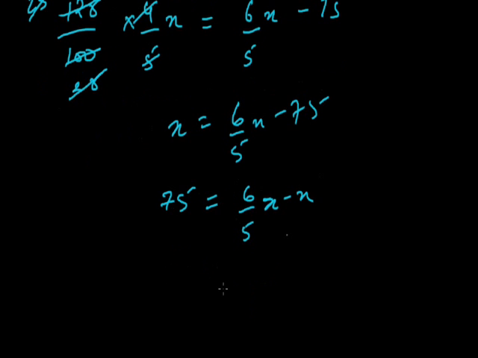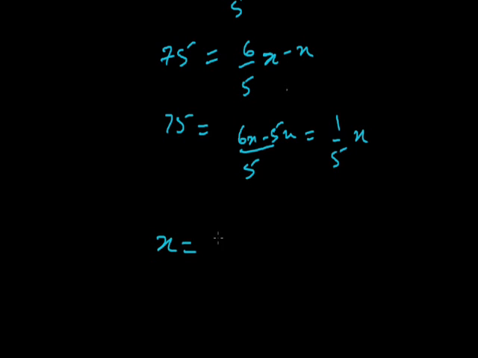So 75 equals 6 minus, taking LCM 5, 6x minus 5x. So it comes out to be 1 upon 5x, or we can say x is equal to 75 into 5, which is rupees 375. So this will be the initial cost price.